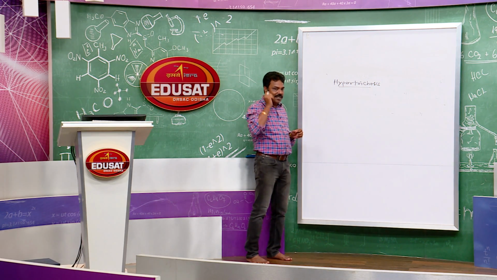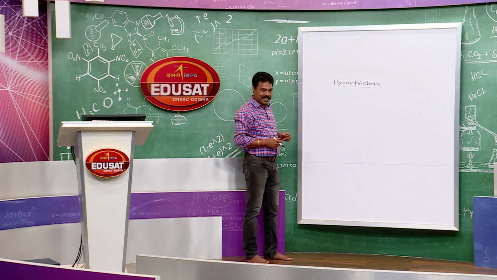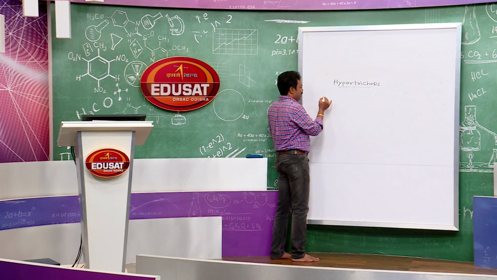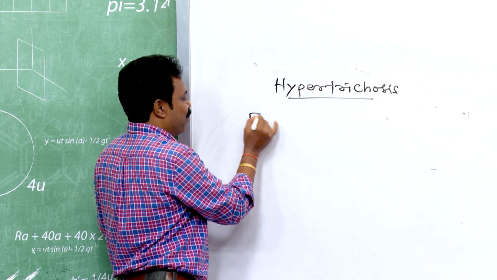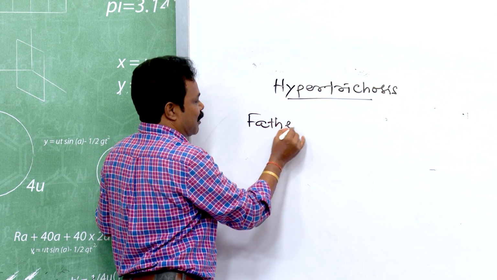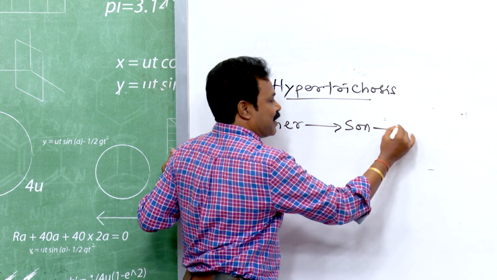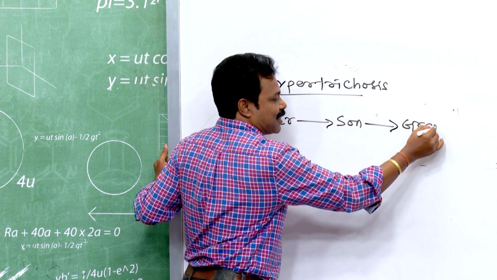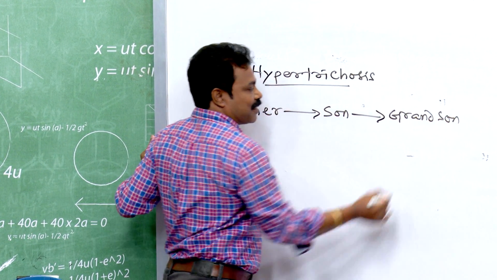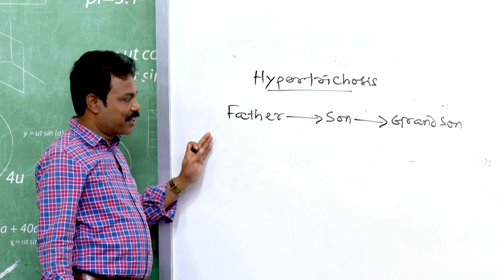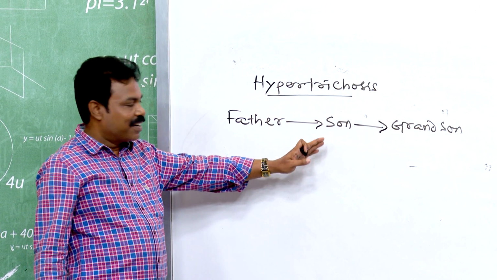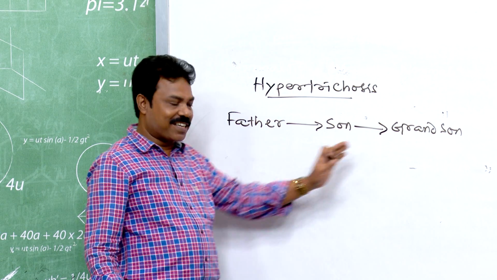Excessive hair on the pinna, right? This character is inherited from father to son to grandson, because the father gives the Y chromosome to the son and the son gives the Y chromosome to the grandson.